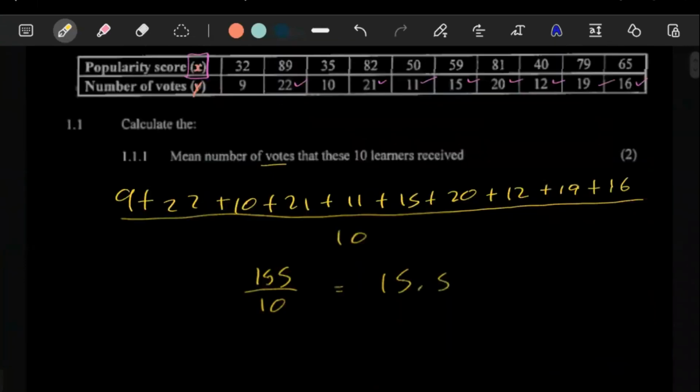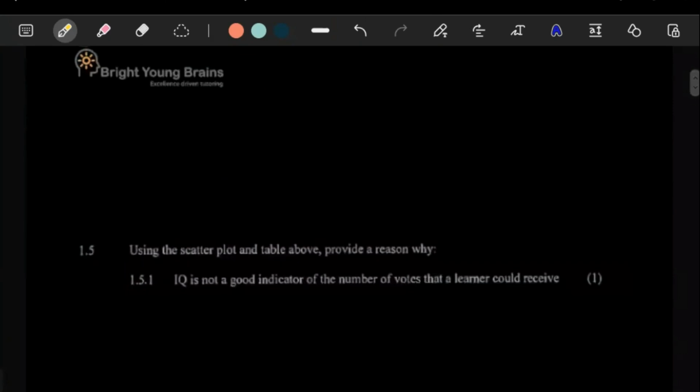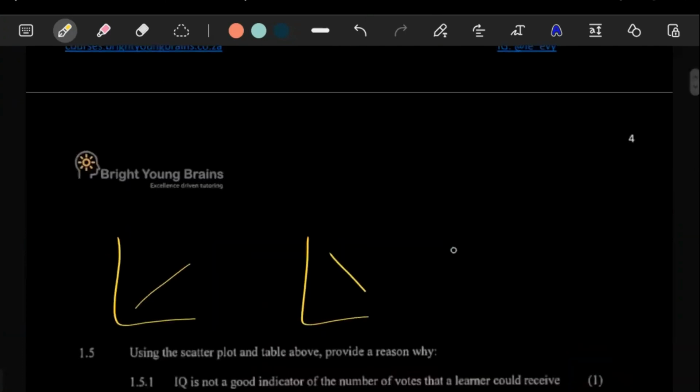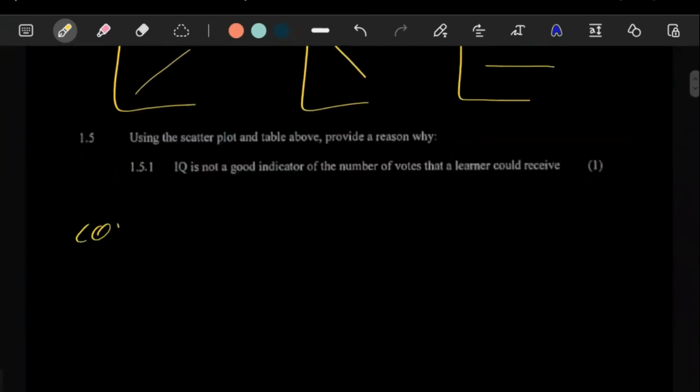And what we know is, remember the line of best fit, usually if it's going to look like this, it means that your correlation coefficient is a bit high. If it's going to look like this, it's also high, but a negative correlation coefficient.